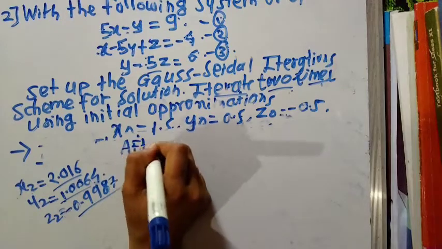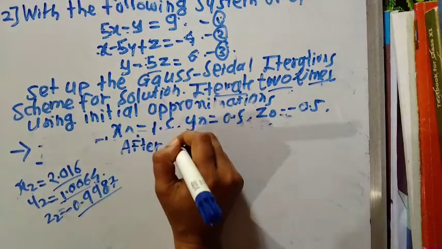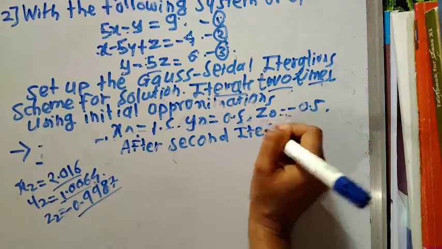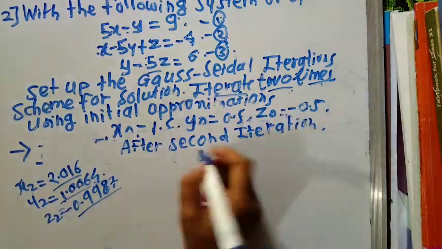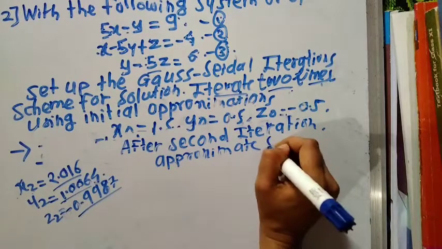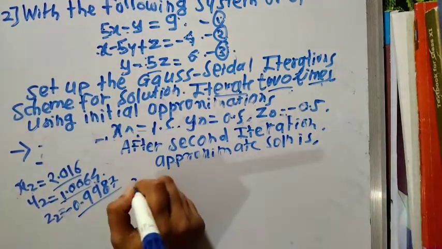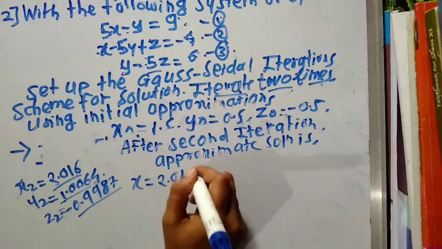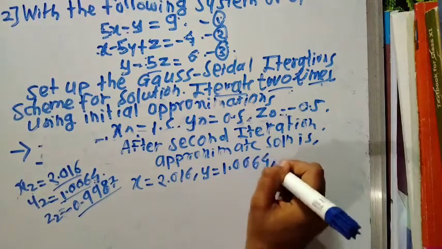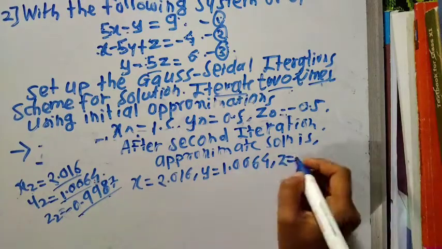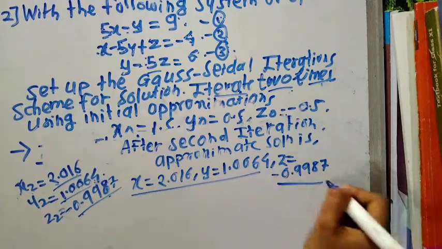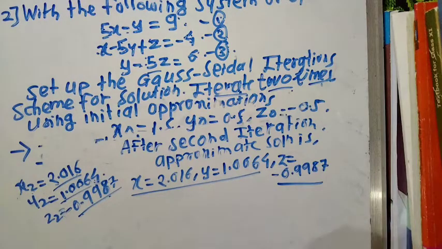Hence after second iteration, the approximate solution is x is equal to 2.016, y is equal to 1.0064 and z is equal to minus 0.9987, and these are the solution by using Gauss-Seidal method.